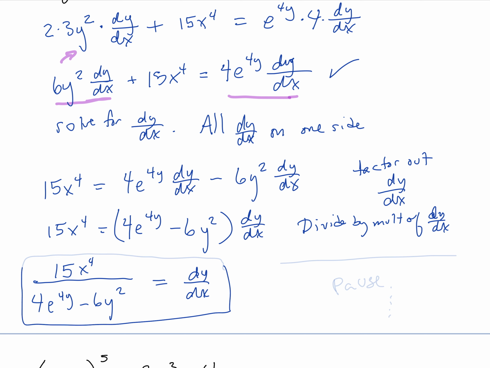And now we have the derivative of y with respect to x in terms of both x and y. The derivative is 15x to the fourth divided by 4e to the 4y minus 6y squared.